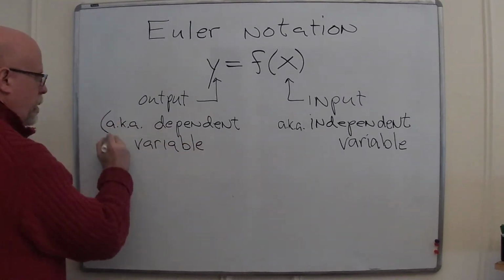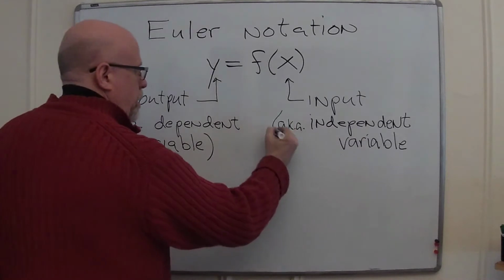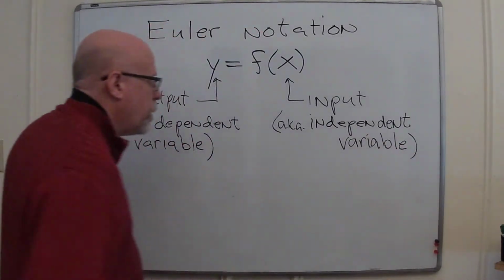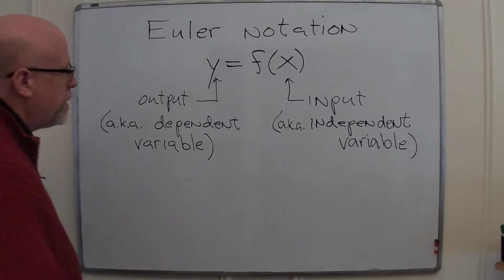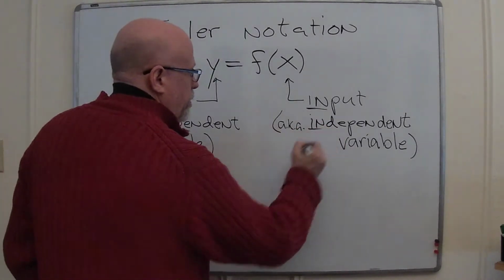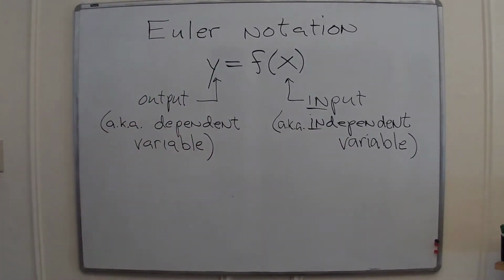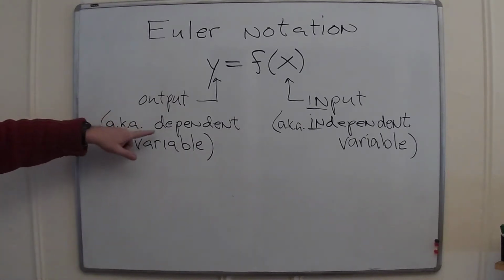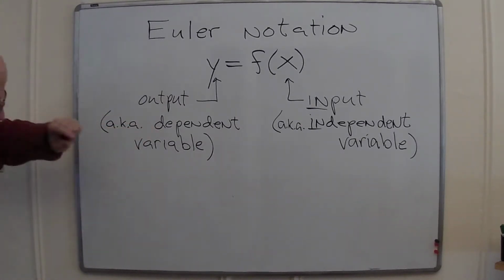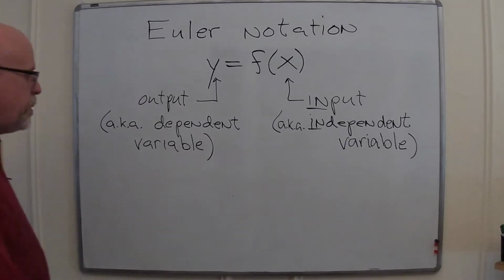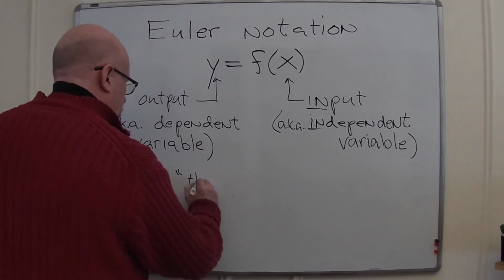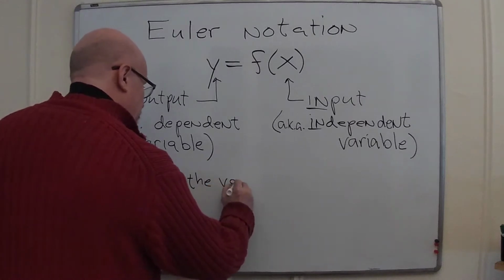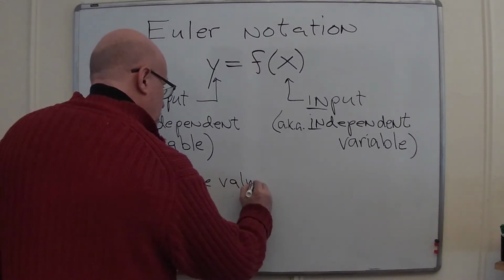Maybe both of these sentences should be in parentheses. They're just parenthetical remarks. So the input variable, also called independent, you notice the match of the prefix in both of those. The output being called the dependent variable actually makes sense to me because you can think of it this way: the value of y depends on the value of x.